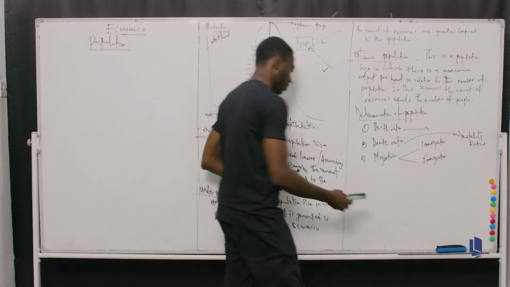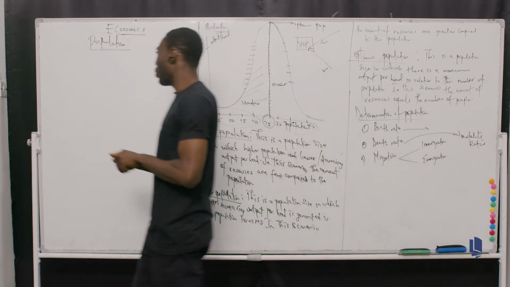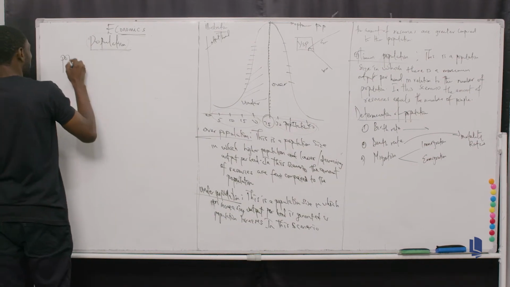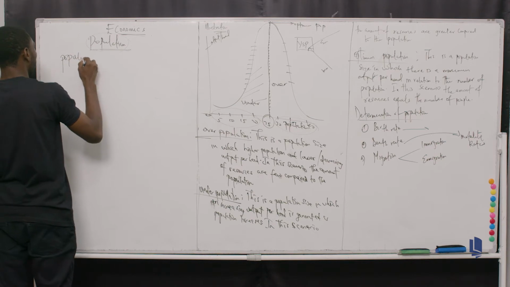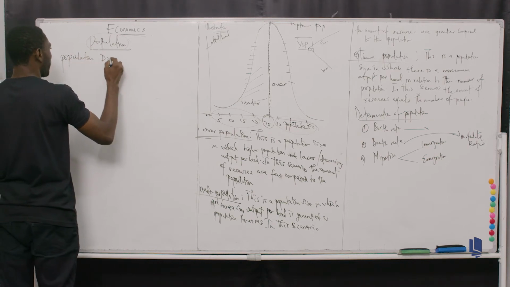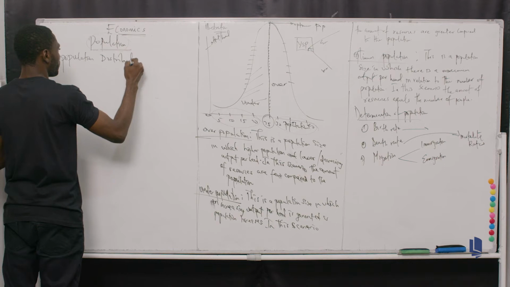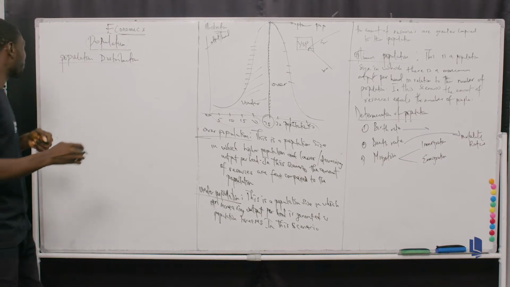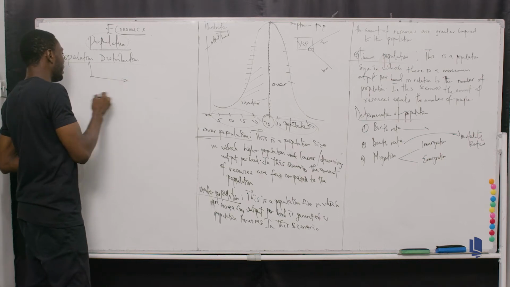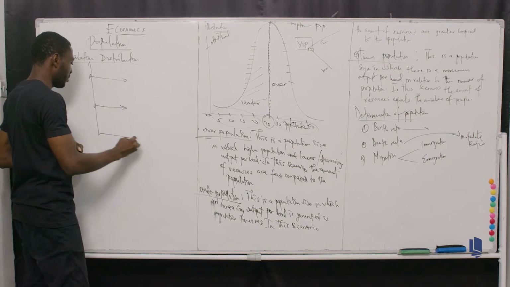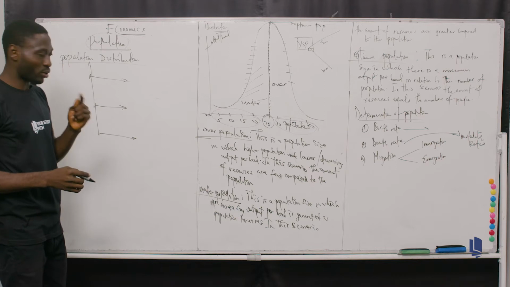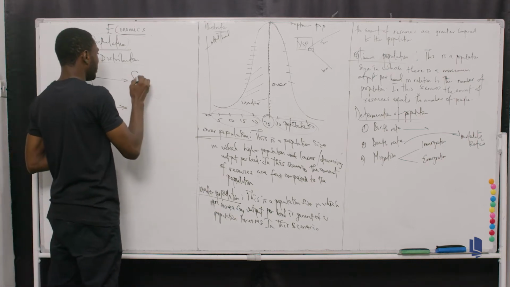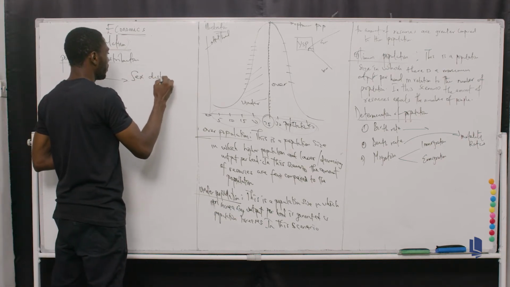Now, let's move on to population distribution. I'm sure you'll be wondering, do we distribute the population? Yes, we do. Now, we have three important distributions. One, the sex distribution.